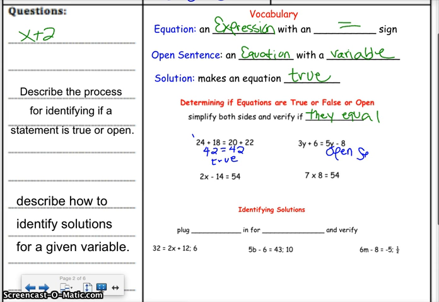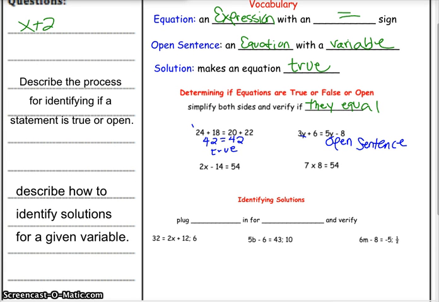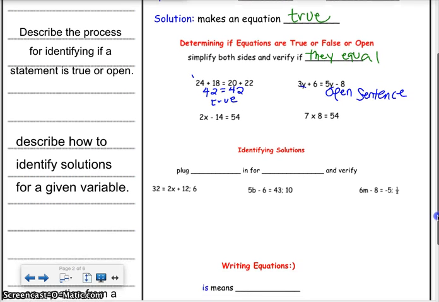It's an open sentence because of the y, the variable. 2x minus 14 equals 54. True, false, open? Open. Because what the heck is x, right? You have no idea what x is, so this would be an open sentence.